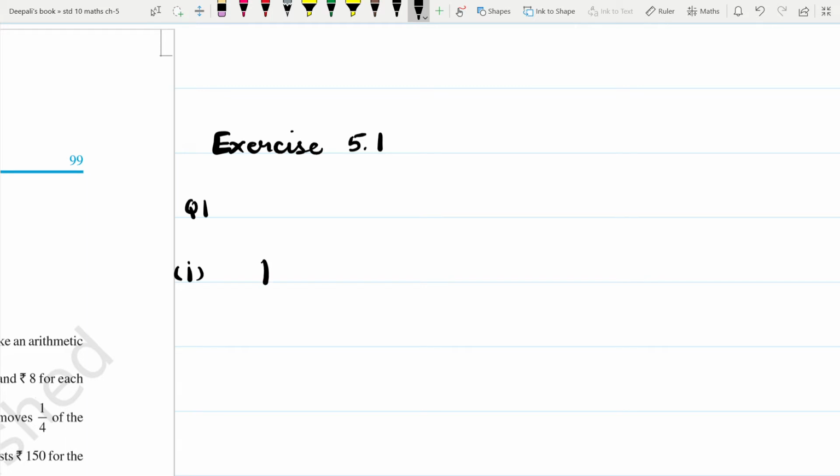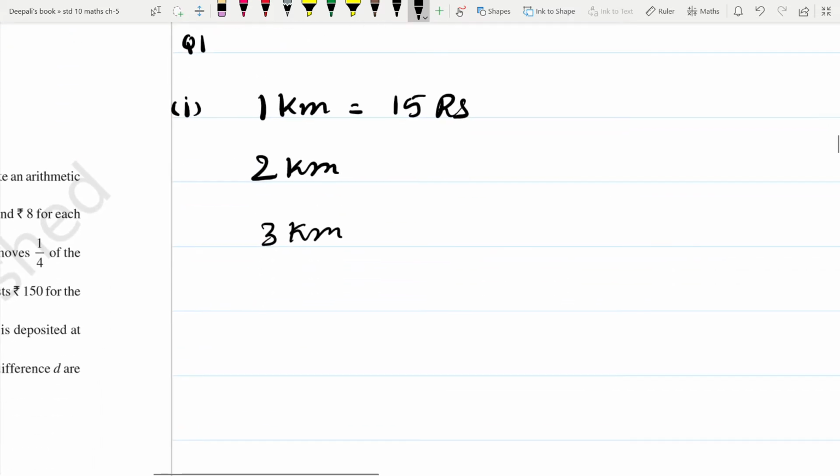Therefore, for the first kilometer it is equal to 15 rupees, for the second kilometer, third kilometer, fourth kilometer, and so on. You have 15 plus 8, that is equal to 23.